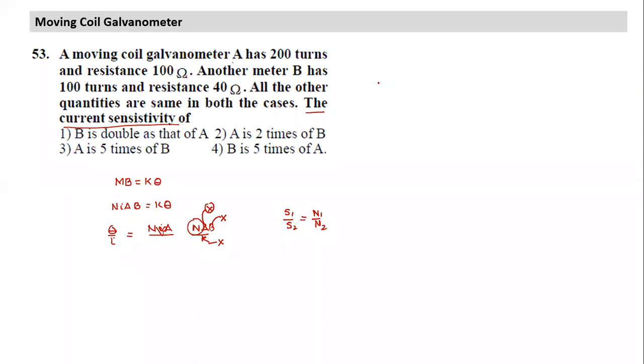This is galvanometer A, and this is galvanometer B. If the same current is passed through and B has this much deflection, A will deflect twice as much. If this is theta 1, this will be twice of that. That's twice the sensitivity, 200 turns. It experiences twice as much torque. Okay, so we understand that part.